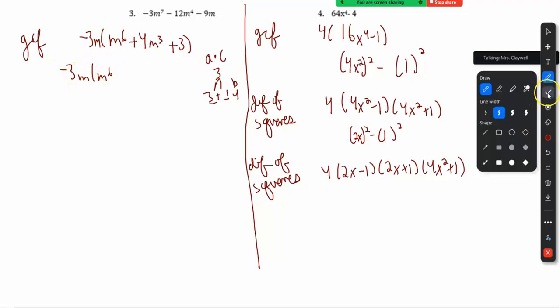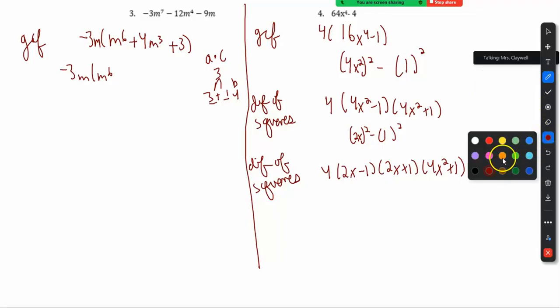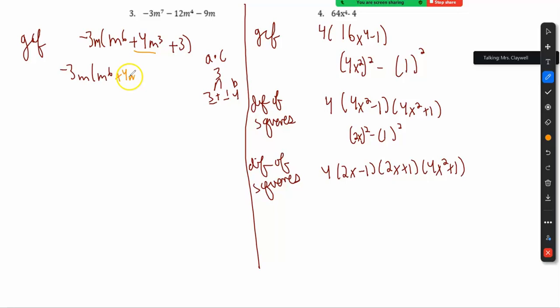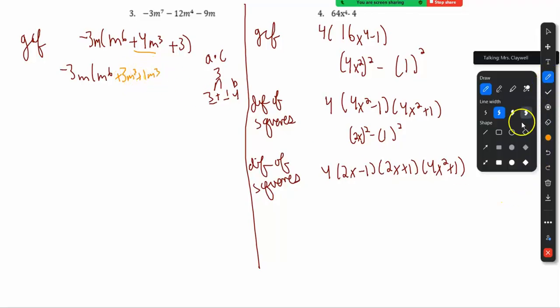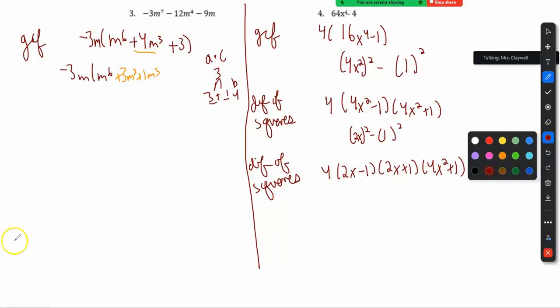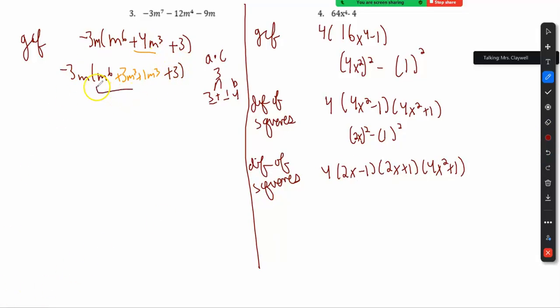And I can rewrite this as a 3m to the third plus a 1m to the third. And I can pull out an m to the third. From here I can pull out a 1. So my matching is m to the third plus 3, m to the third plus 1.